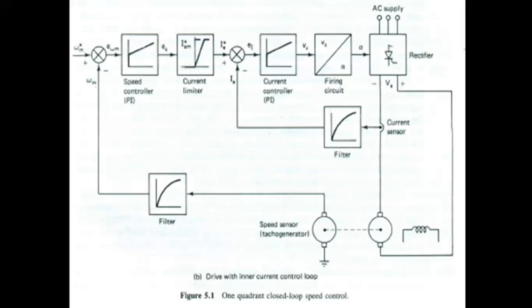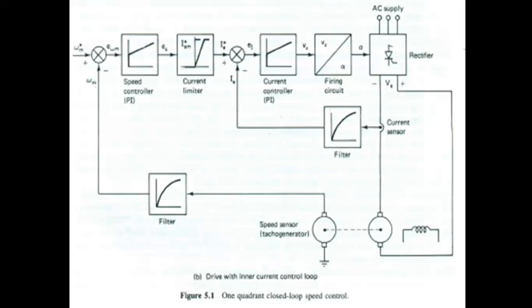A negative speed error will set the current reference IA dash at a negative value. As we all know, the motor current will not reverse, so a negative IA star has no use, but it charges the PI controller.